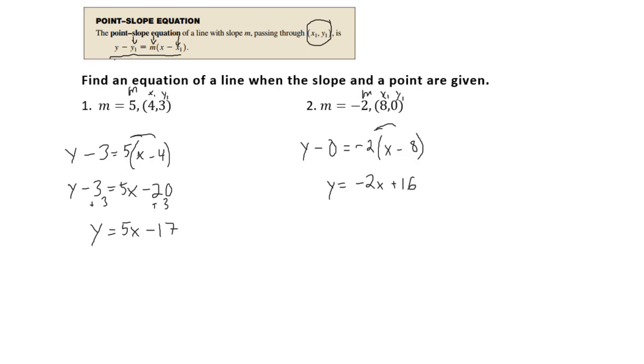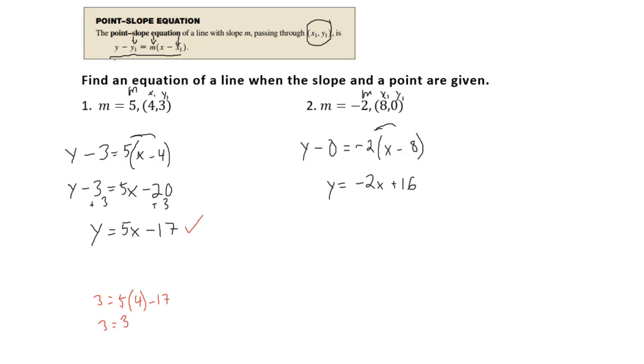And a good thing to do after working these problems is plug in, and you can always check to make sure. Well, we know the slope is 5, and then when we plug in, we get 3 equals 5 times 4 minus 17. And that's 20 minus 17, so 3 equals 3.